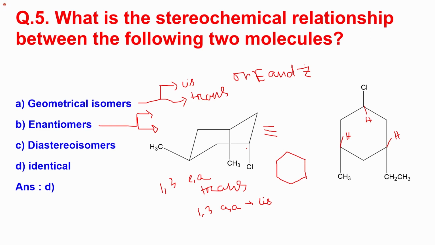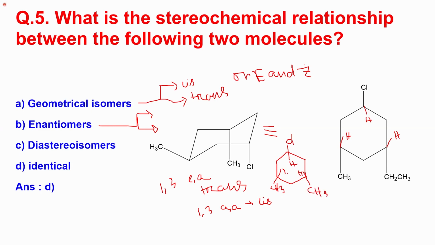Then it should be like this. So Cl, and here it is one hydrogen. Now they're asking about this Cl. Suppose this is a CH3. Now this CH3 and this CH3 are the same size.